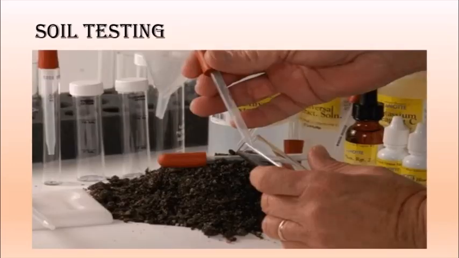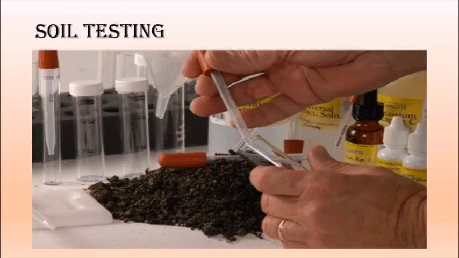Next is soil testing. Whenever we use soil on a large scale, that is for agricultural purposes, or when people do business using soil, that is they grow crops on a very large scale, at that time it is important for them to get the soil tested, whether the soil has any chemicals in it or not, whether it is the right pH for the plant, whether the plants can be supported in that soil or not, what is the texture, what is the structure of that soil and all those things.